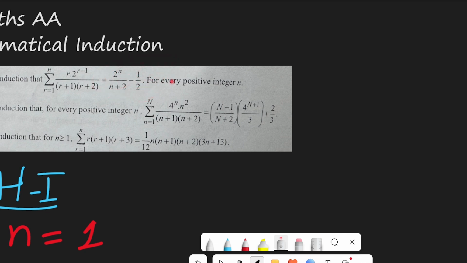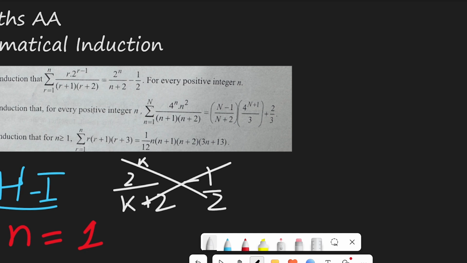The catch over here is that this is in the form of 2 power n, but we need to prove it, because n is equal to k, that means it is in the form of 2 power k. That means it would be 2 power k over k plus 2 minus 1 over 2. But we are proving for 2 power k plus 1.